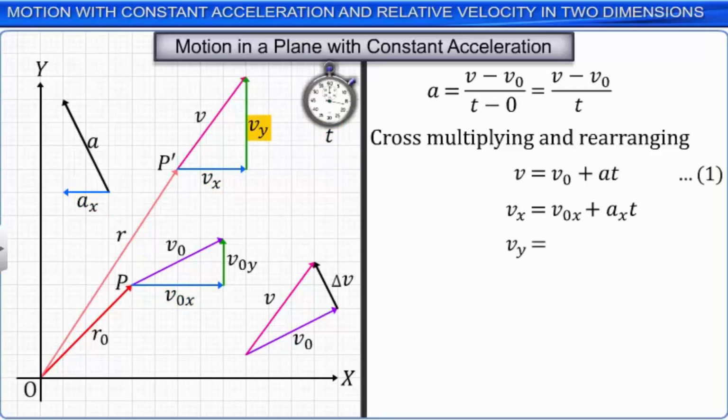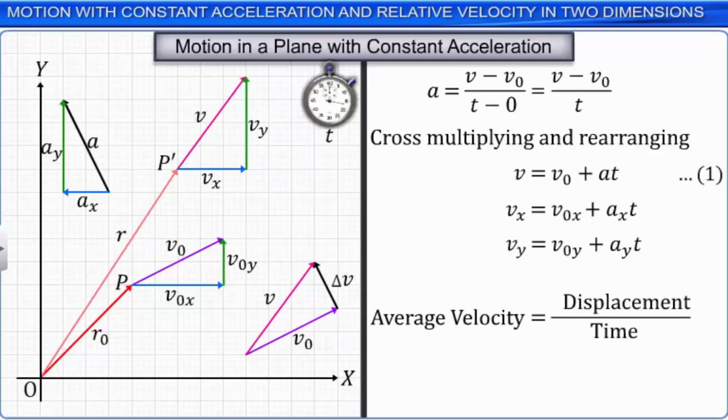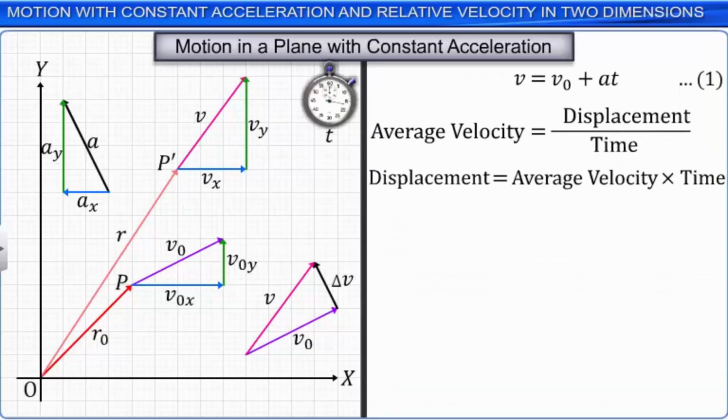ayt. As you know, average velocity is displacement divided by time. By cross-multiplying, you can write displacement is equal to average velocity multiplied by time. Substituting the values in the expression, you get r minus r0 is equal to v plus v0 divided by 2 into t.